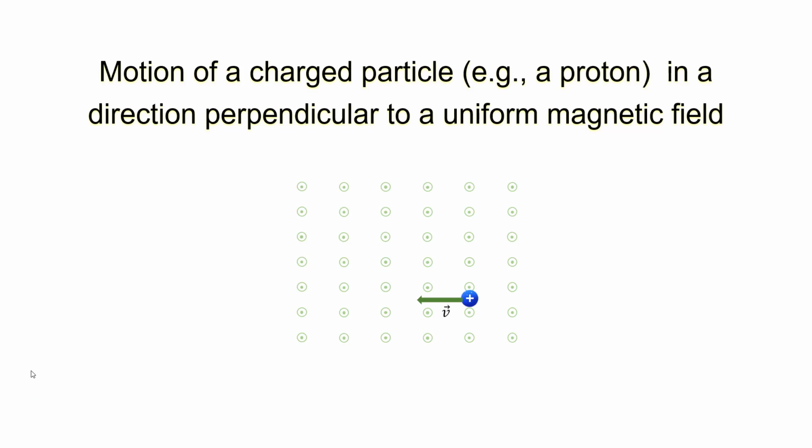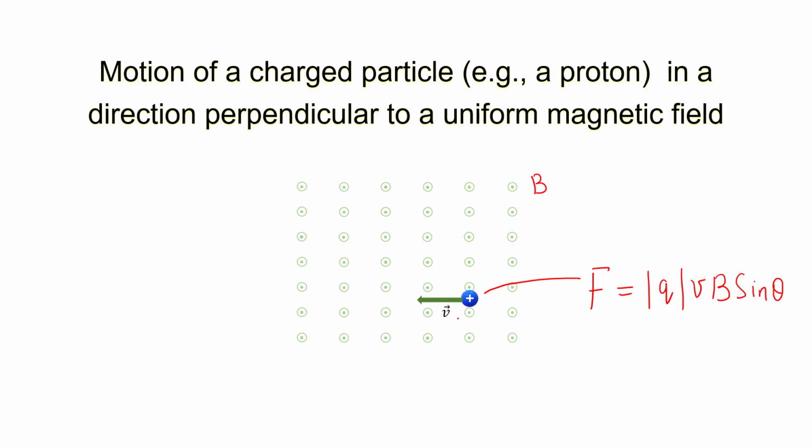So we saw last time this will feel some force given by its charge, its velocity, the magnetic field around it times sine theta. In this case, the magnetic field that we are considering is pointing out of the screen. Okay, this dot means it's coming out of the screen.